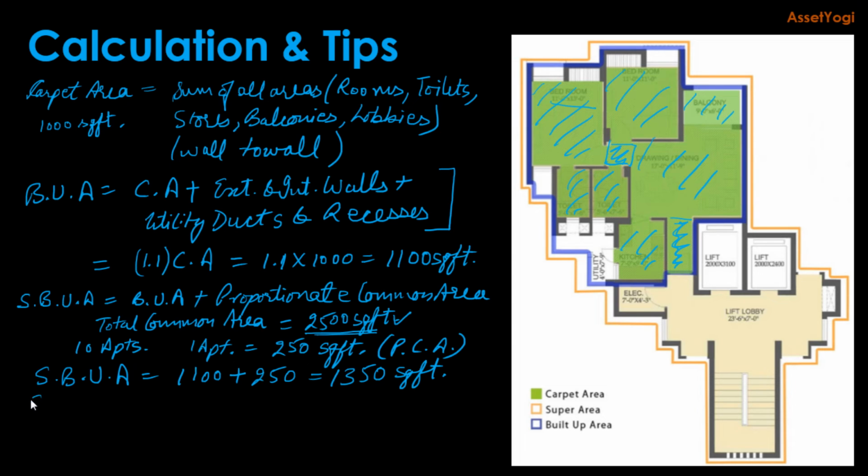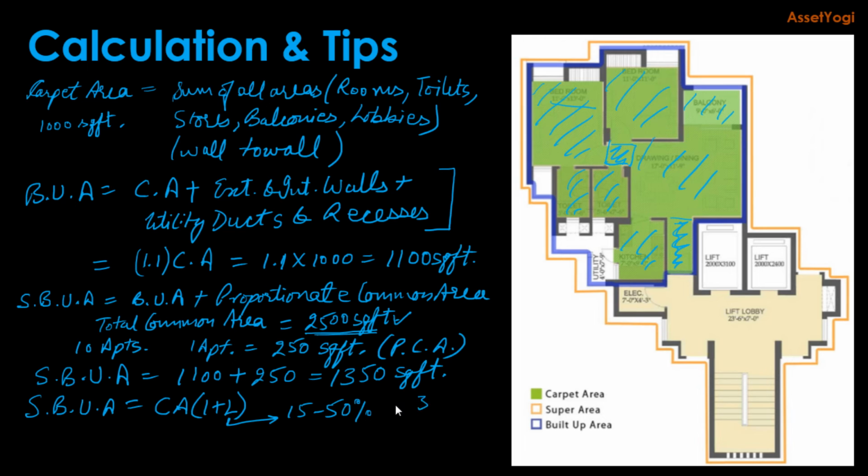So your super built up area is carpet area into 1 plus loading factor, and this loading factor is quite variable in industry and it ranges from 15 to 50%. So if you know the loading factor that the builder has used, and if you can ask him, then you can easily calculate the super built up area with this calculation.